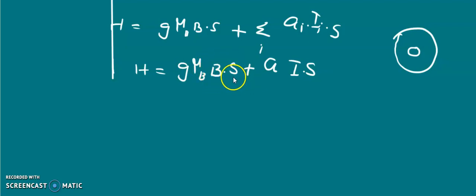B dot S is actually B S cos of angle between them.